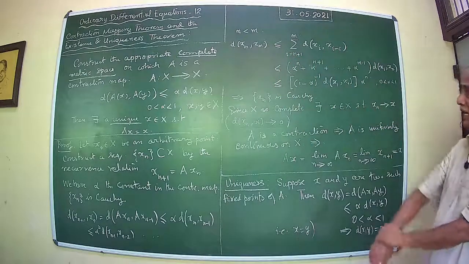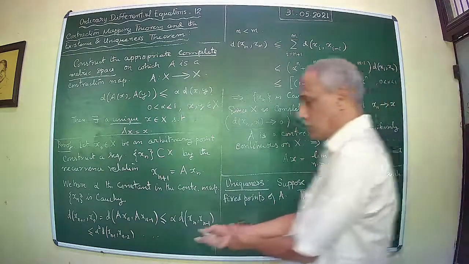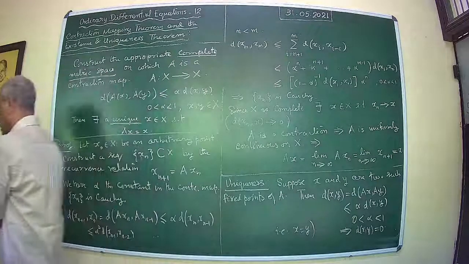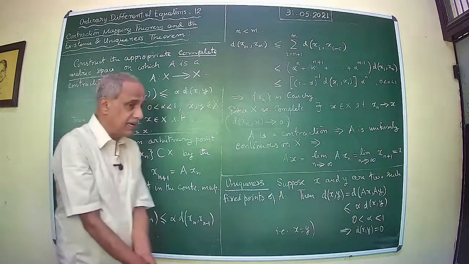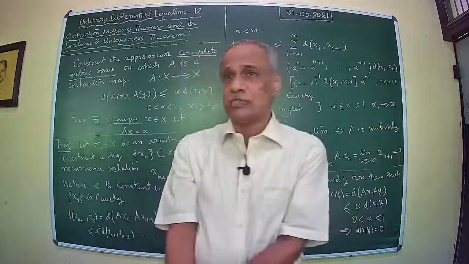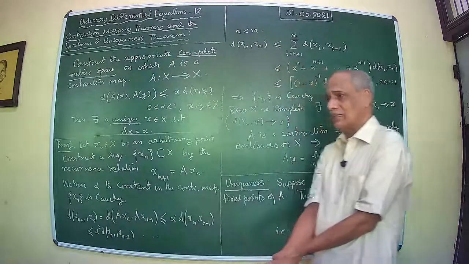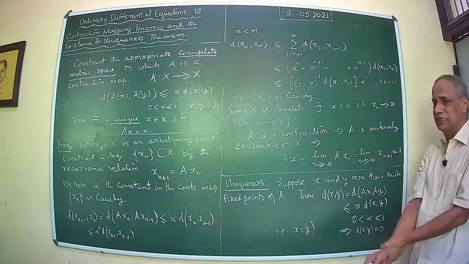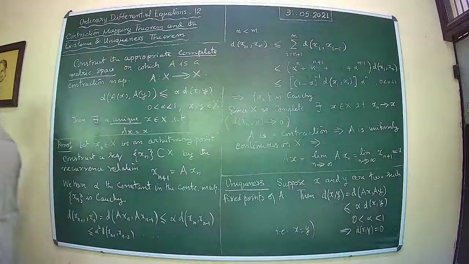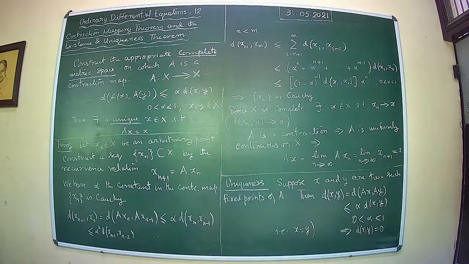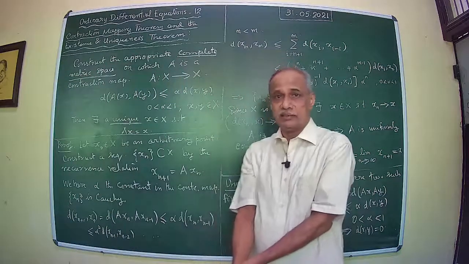Now you see, this is at the end of a long evolution. If you see Picard's theorem, when did Picard's approximation theorem appear? It appeared probably around the turn of the 20th century, because Picard lived from 1856 to 1941, I believe. That is when he proposed Picard's approximation method, which is a sort of forerunner for the fixed point theorem.